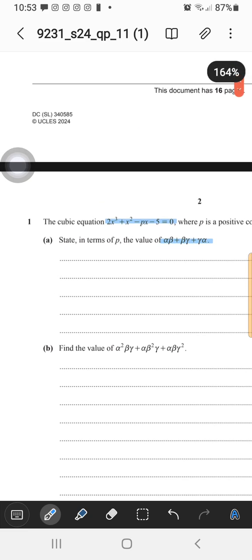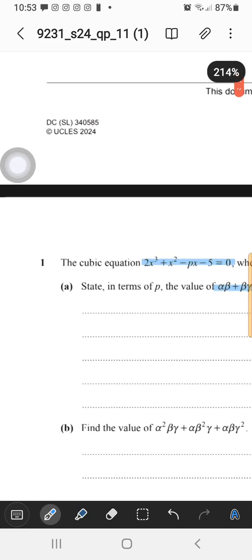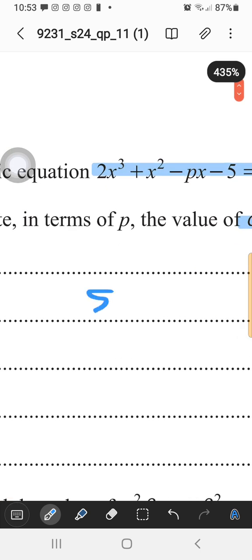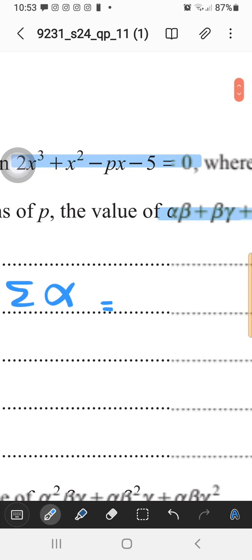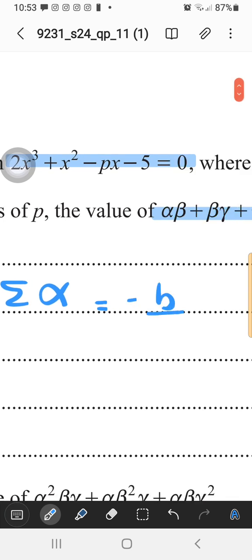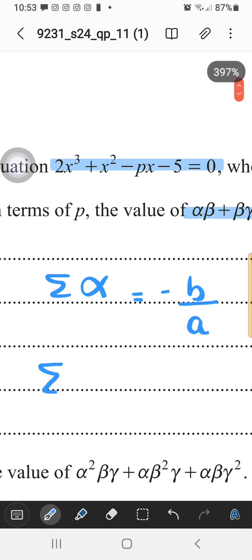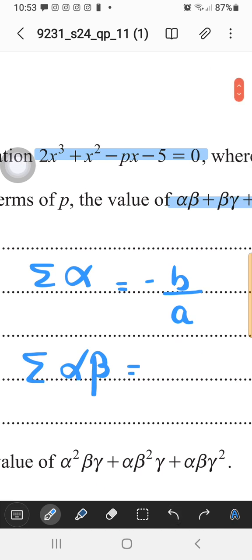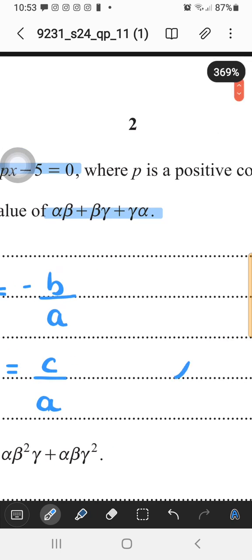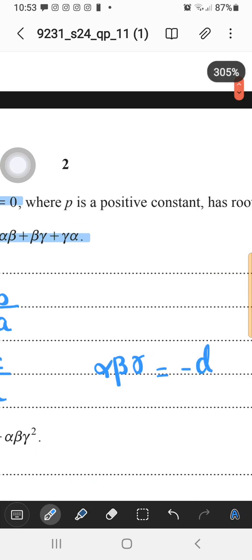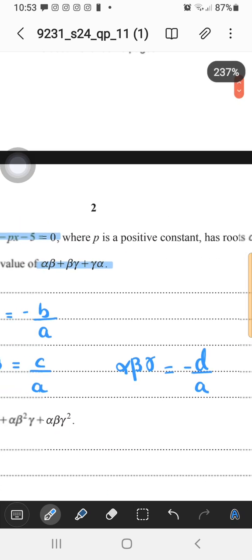Okay, so in roots of polynomial we should know some formulas. Let me remind you some formulas. Sum of alpha equal to negative b upon a. Then sum of alpha beta equal to c upon a, and alpha beta gamma equal to negative d upon a.